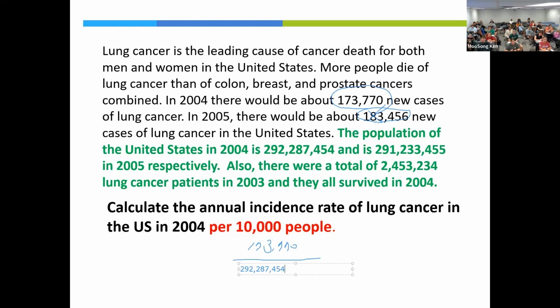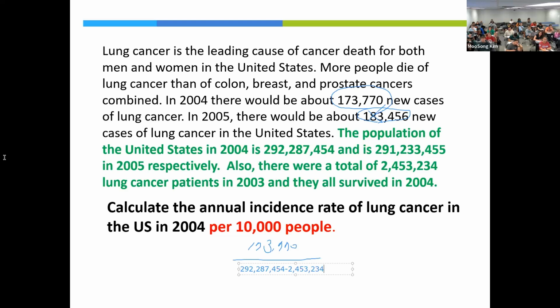You need to subtract the people who already survived from 2003, 453. Very good. Why? Because they already have the disease. These people in 2004 already had the disease, so we need to subtract this number from the total population to get the number at risk.